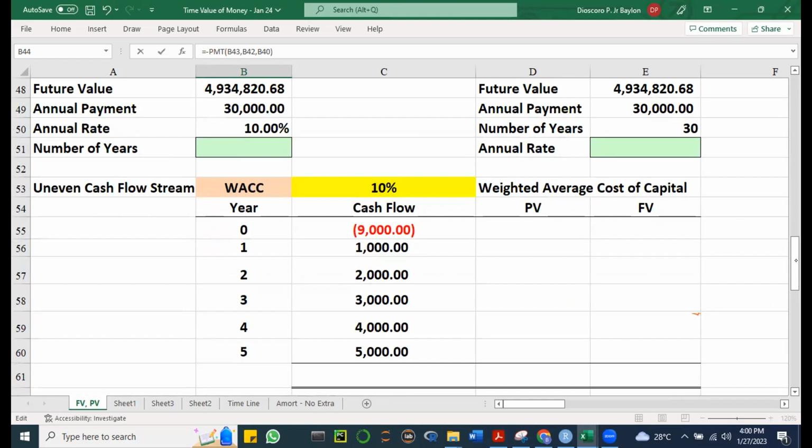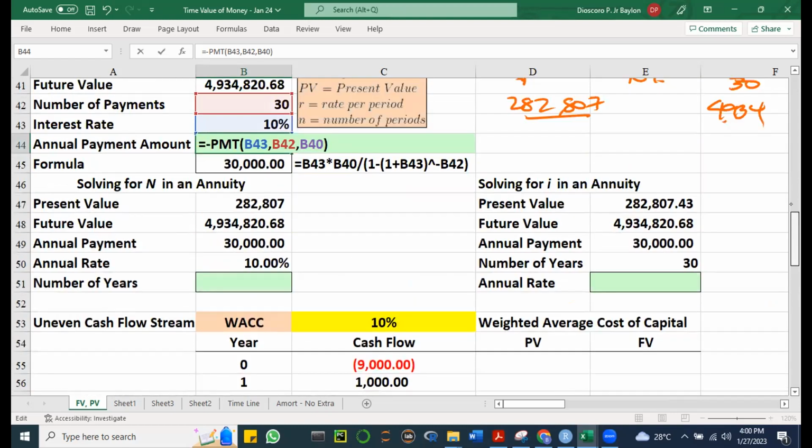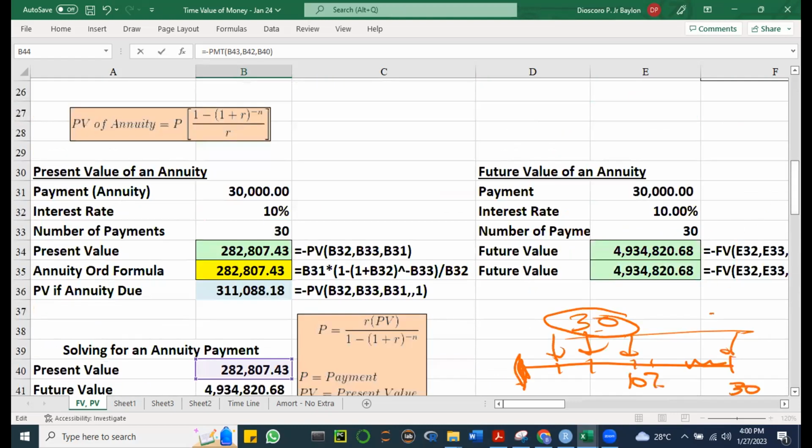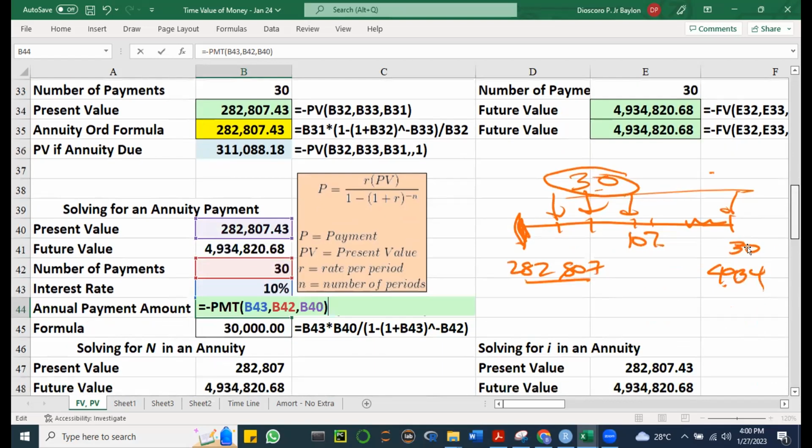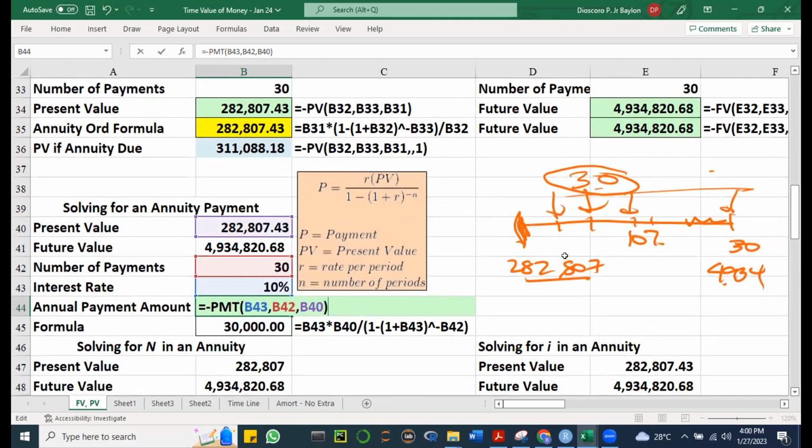Otherwise, I'm saying that they are not equivalent cash flows. I computed 282 using this cash flow. Therefore, to compute for this annuity, either I use 282 or I use 4.9 million. You cannot use both.